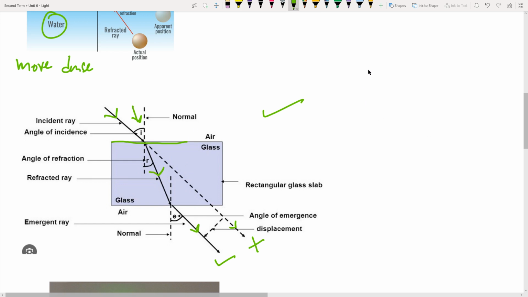So we set up a rule that from less dense to denser medium, what happens? It moves towards the normal.